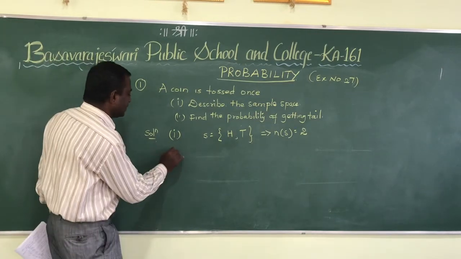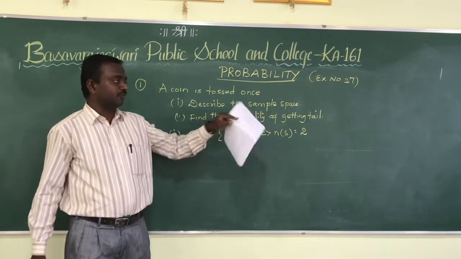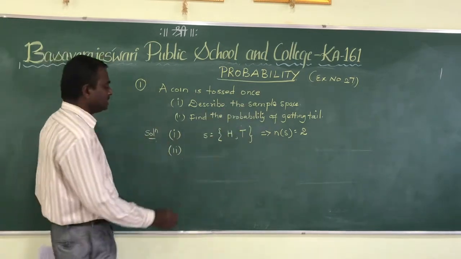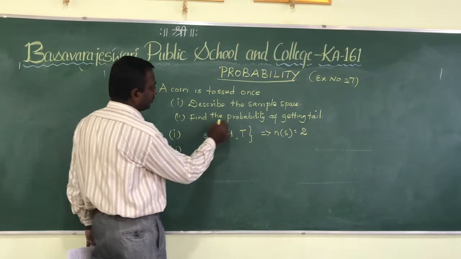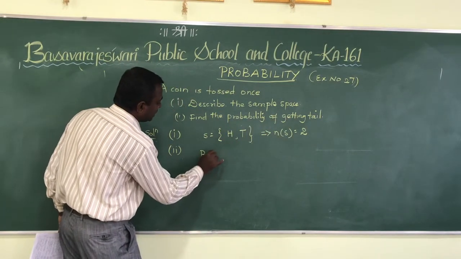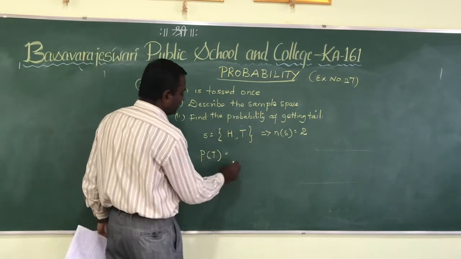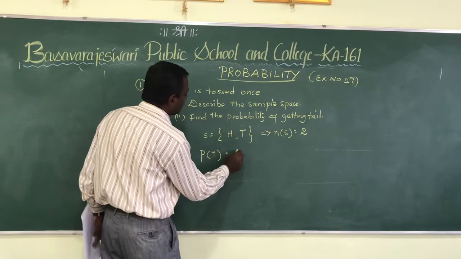So what is the second answer we have to find out? Find the probability of getting tail. So what is the probability of the event here? Favorable outcome, they are telling tail. So probability of getting tail is equal to, what is the formula you have?